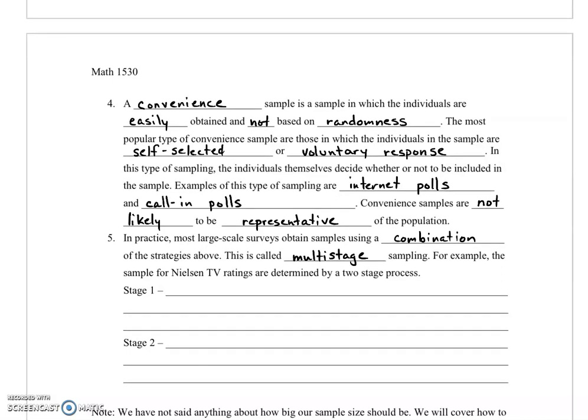So, for example, the way the Nielsen company does its TV ratings is that they divide the country into strata based on geographic area.